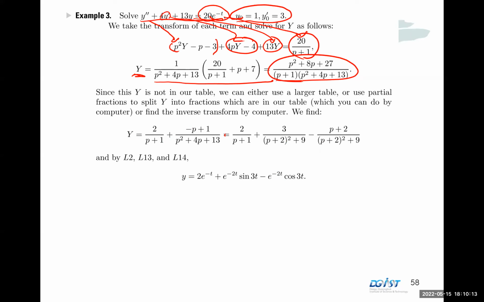But the problem is, what's the inverse Laplace transform of this complicated function? The key idea is you can divide this into parts. So we can separate several things, something like this. Then you can obtain this form.